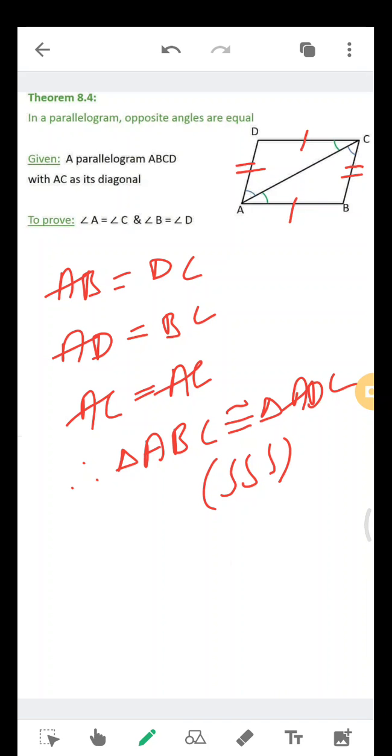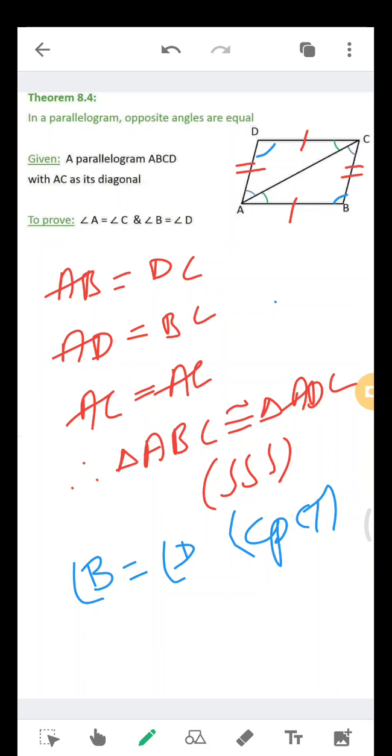When these two triangles are congruent, can we say angle B is equal to angle D or not? Yes, we can say that angle B is equal to angle D. Why? Because they are CPCT, corresponding parts of congruent triangles. Similarly, I can say angle A is equal to angle C. Sorry, this angle is equal to this angle.